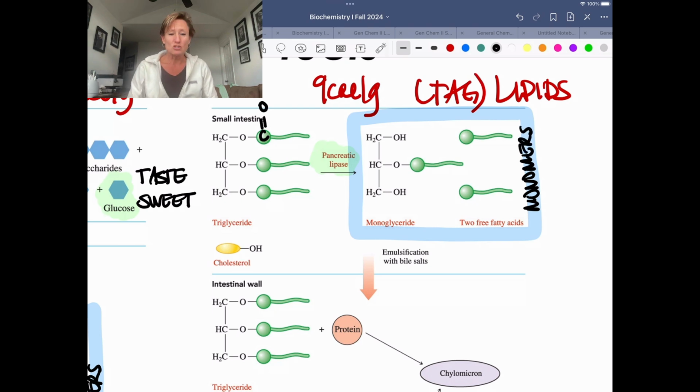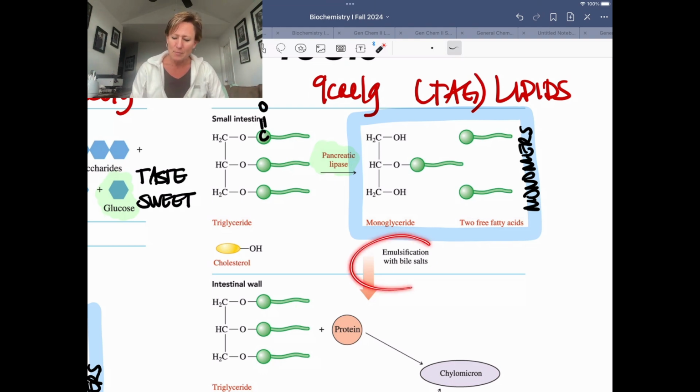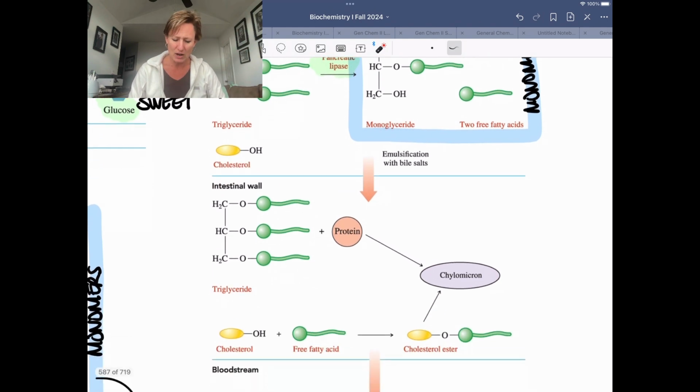We're going to talk about cholesterol in just a minute. Cholesterol is very water insoluble, but emulsification with bile salts helps. Bile salts are created from cholesterol, and they're your natural soap in the GI tract, produced in your liver and secreted from your gallbladder. They help emulsify cholesterol and get it into your GI tract.